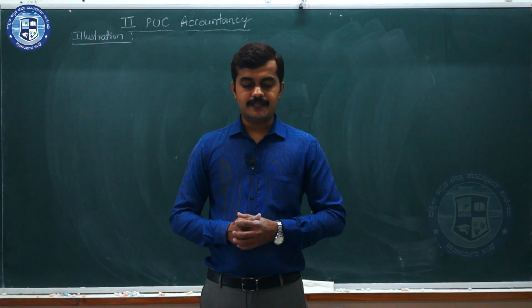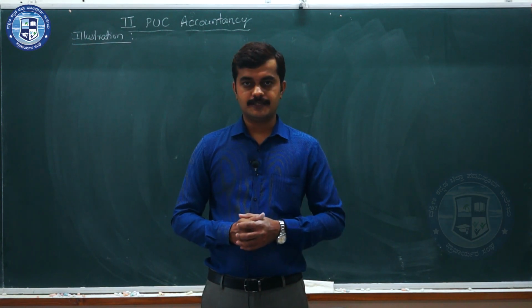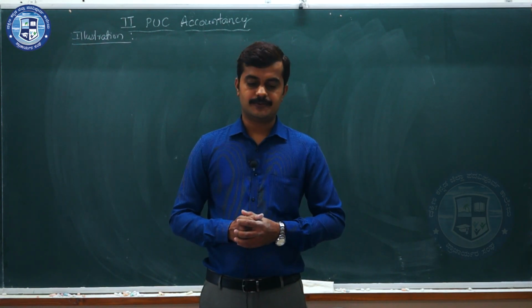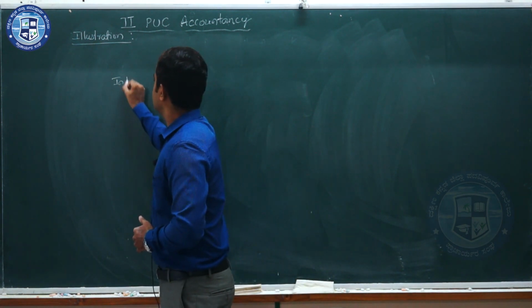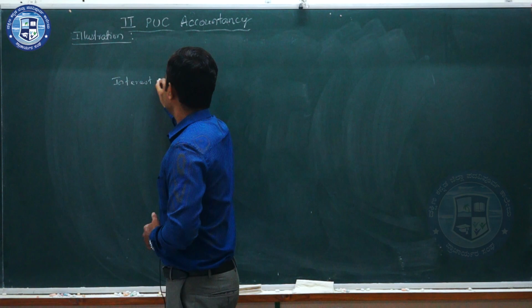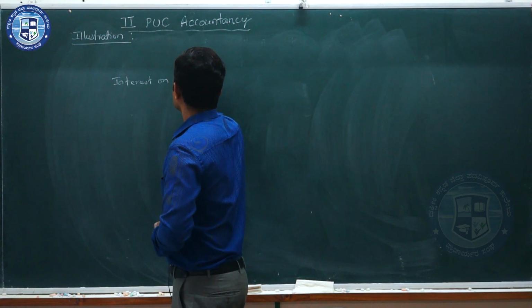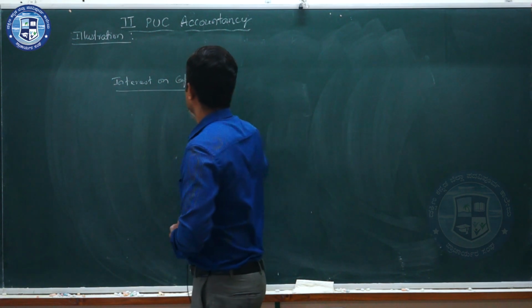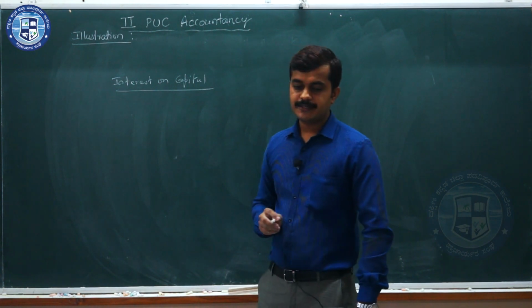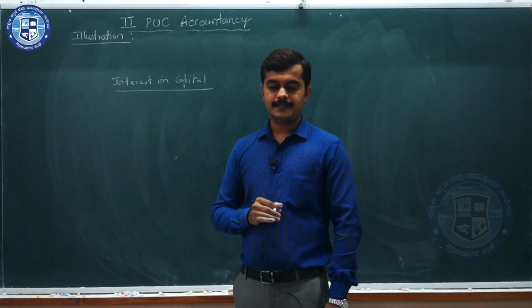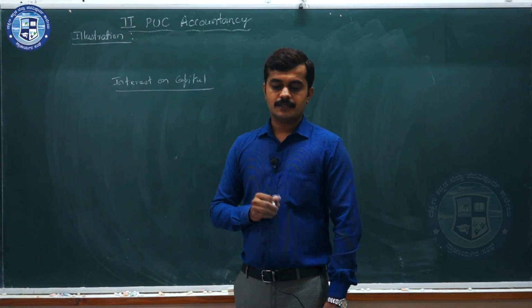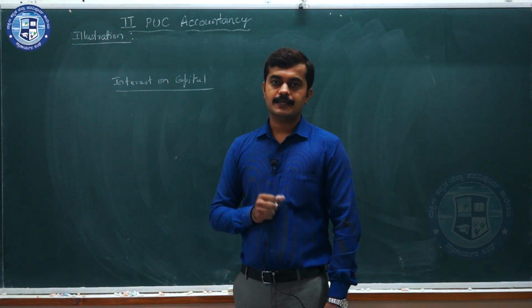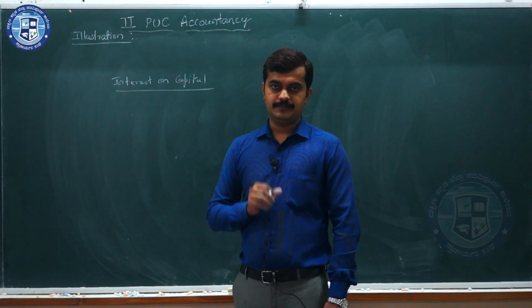Let us calculate interest on capital first and later we will prepare all those accounts. So regarding interest on capital, we have to look at opening capital of partners, additional capital contributed by partners, rate of interest on capital and time.